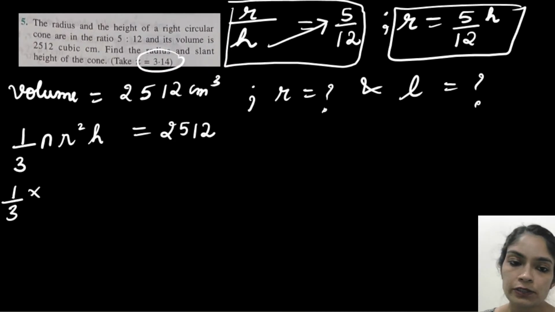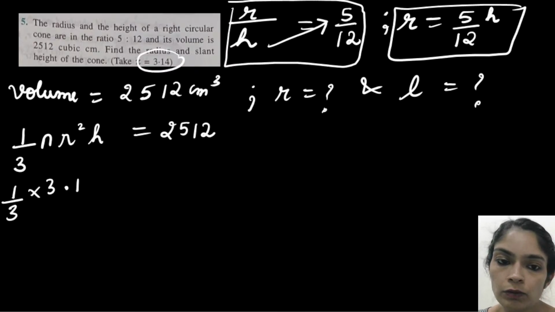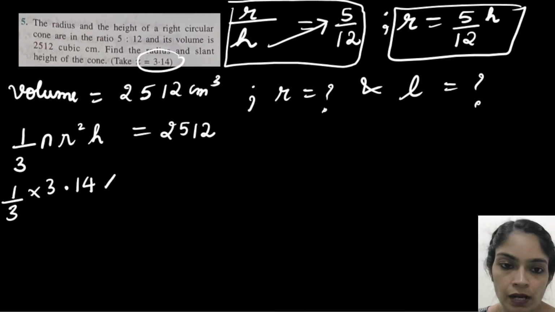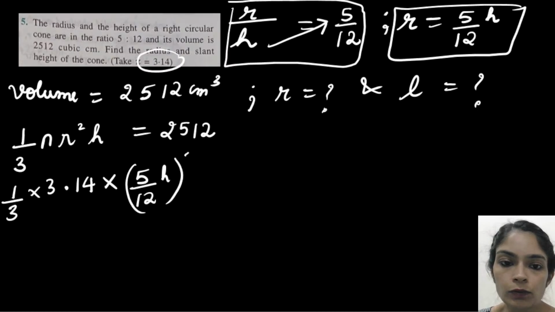So whenever it is mentioned like that, we have to take that value, not 22 by 7. Because in such questions, we will not get our answer if we use pi's value as 22 by 7. So if it is mentioned, we have to take this. R's value, R square, R's value is 5 by 12 H whole square I'll do. So R square. Now this H is there.